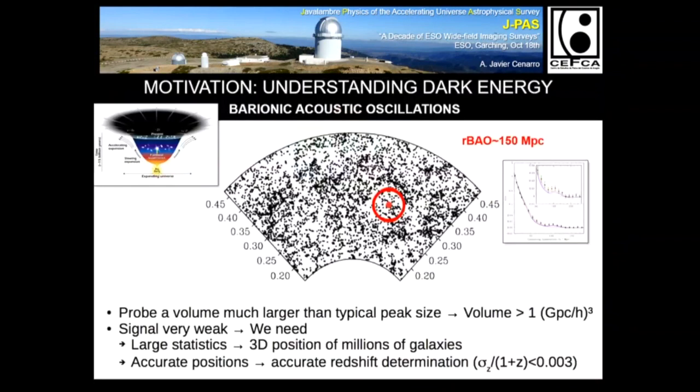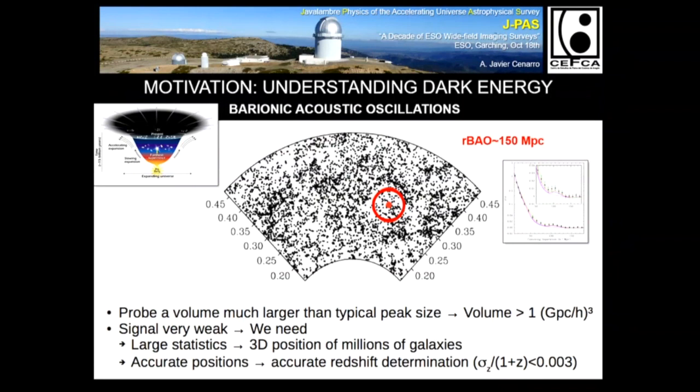And it's good that I'm talking after this very nice talk by Guadalupe, because I don't have to enter into the details of cosmology. But JPAS is a cosmological project. The main goal is to do cosmology, and in particular, to measure BAOs in order to understand how dark energy is playing a role in the universe, how the universe is expanding in an accelerated way.